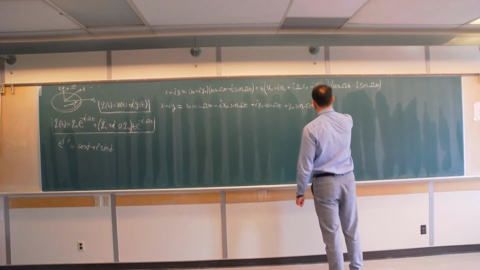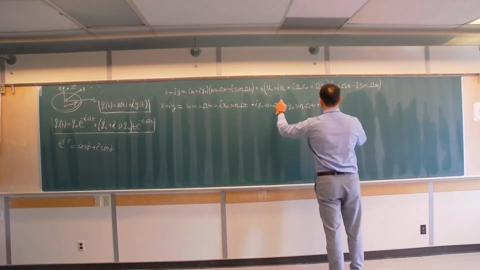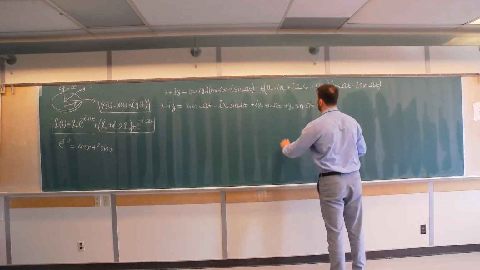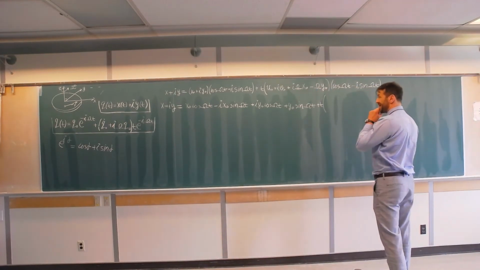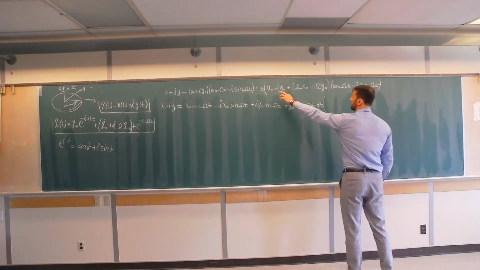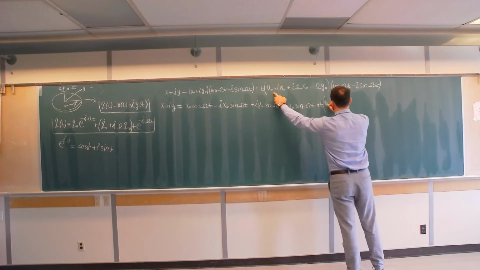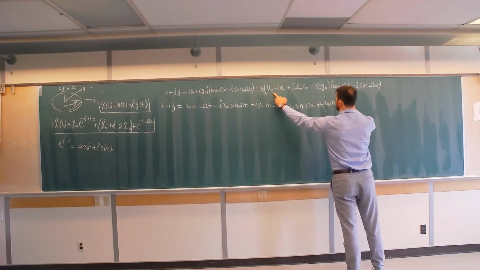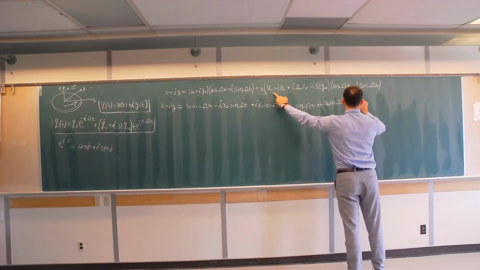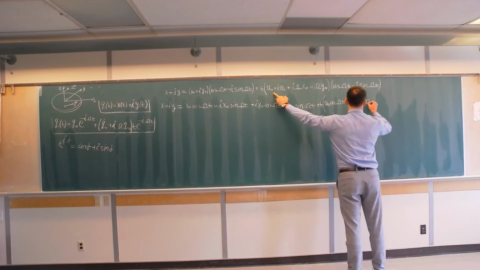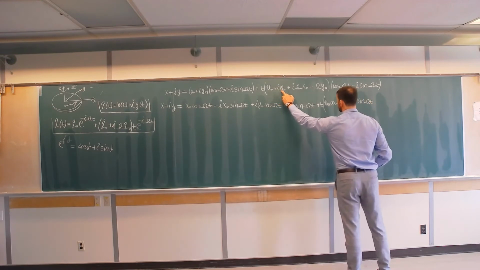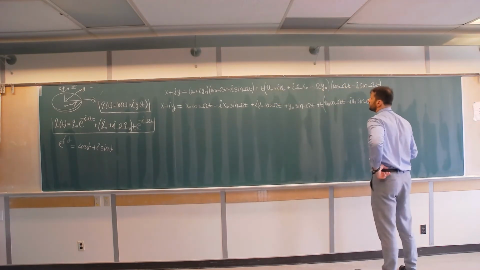Plus t that multiplies. Now I have to multiply these. So here I will have u0 cosine omega t minus i u0 sine omega t. Now this one multiplies these two.